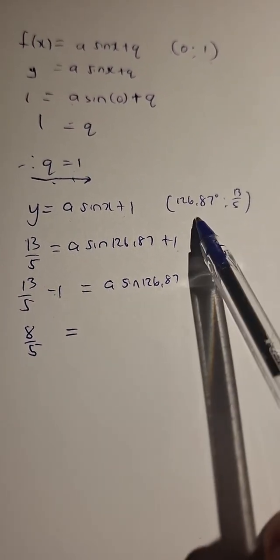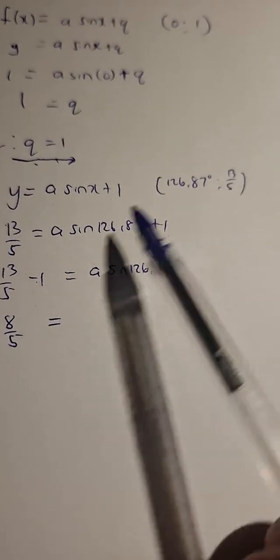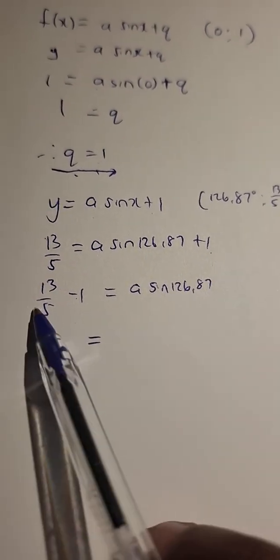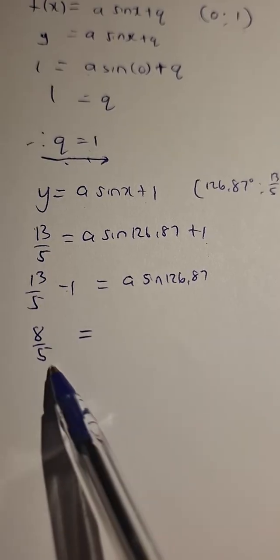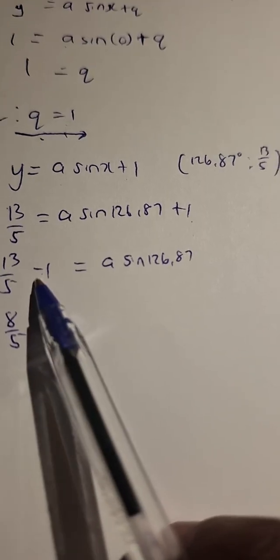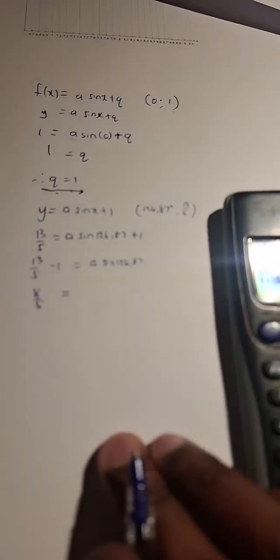So I substituted 126,87 and 13/5, which means y is 13/5, x is 126,87. Take the 1 over, becomes 8/5. You can use your calculator. 13/5 minus 1 is actually 8/5. Then you say sine of 126,87 and you check what you get.